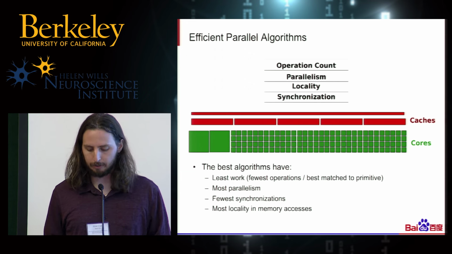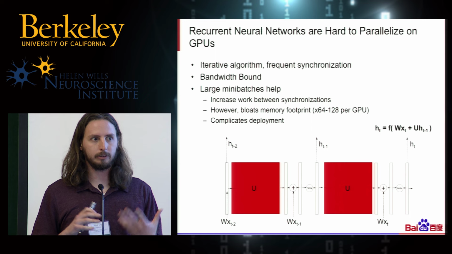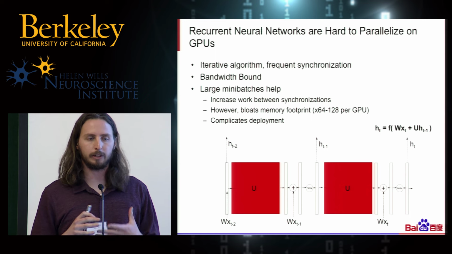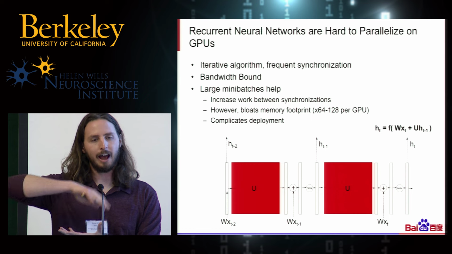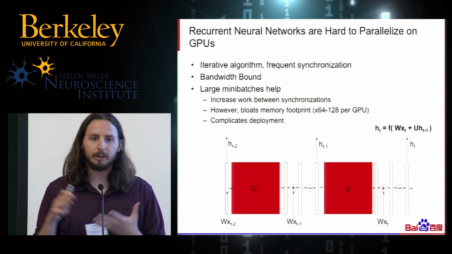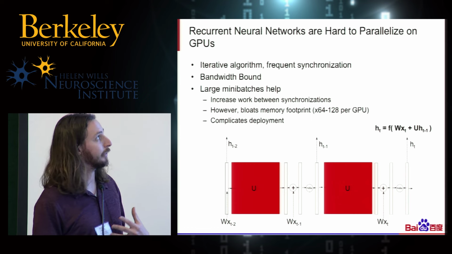But this actually turns out to be very difficult for the types of models that we care about for these systems. Increasingly, some of the most interesting work in deep learning is not having to do with convolutional neural nets. It's having to do with models that can learn temporal dependencies, models that can learn to do program induction, and models that can do attention, and they're always iterative algorithms that can iteratively refine themselves.